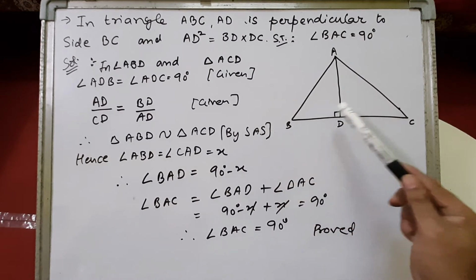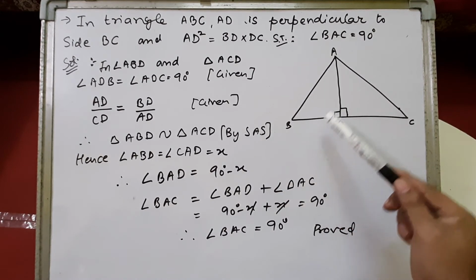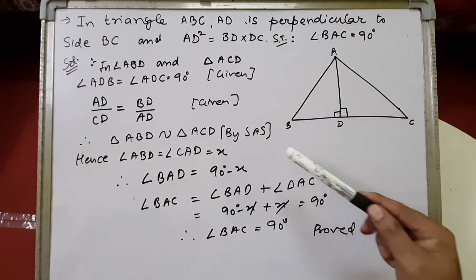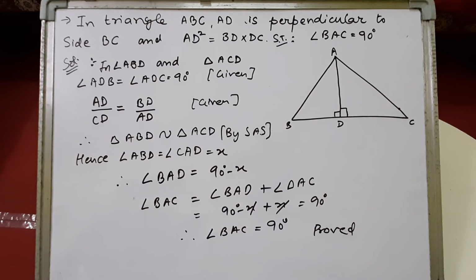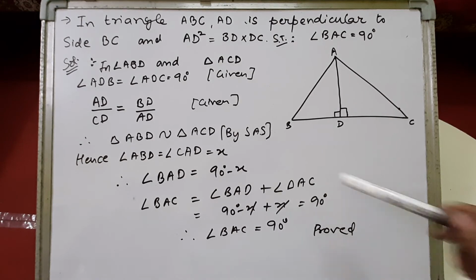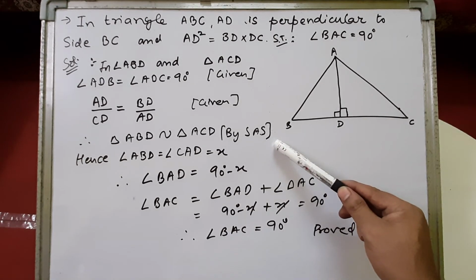So these two angles are equal and the ratio of the corresponding sides are also equal in both the triangles ABD and ACD. So triangle ABD is similar to triangle ACD by SAS postulate.